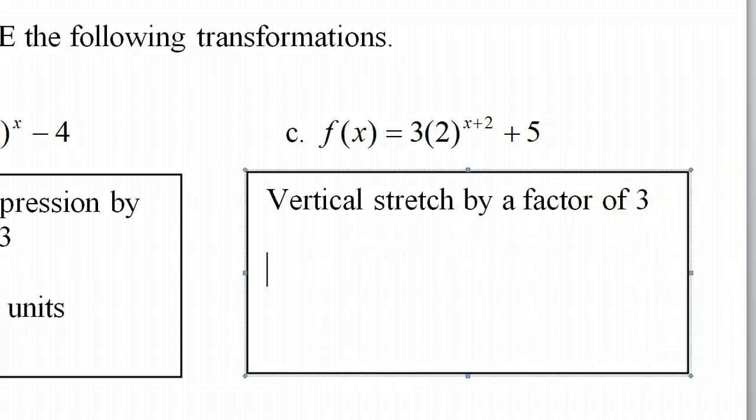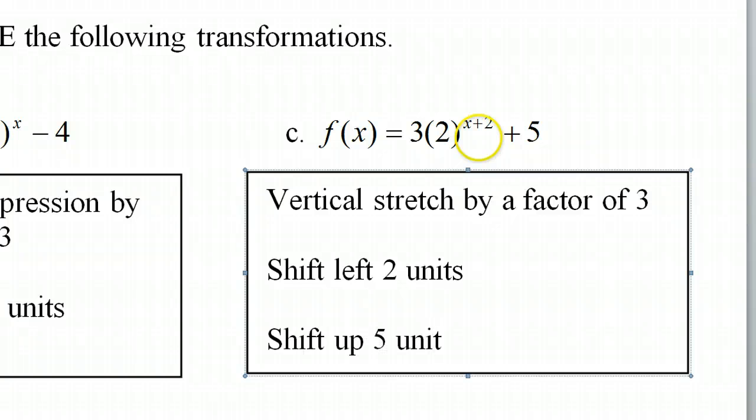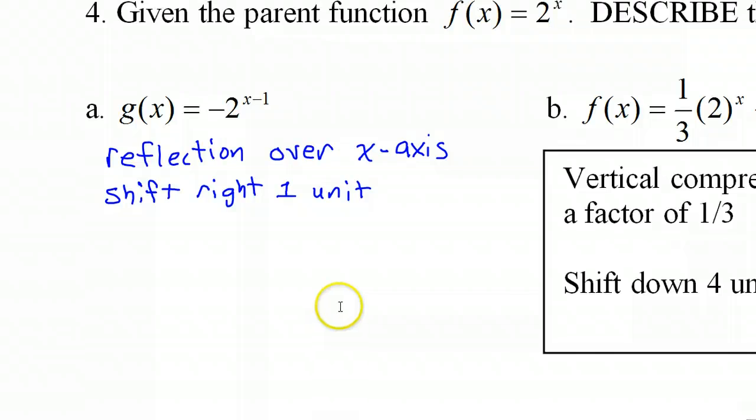And what else we have going on here? Then we have the +2, so that'll be a shift left 2 units. And then we've got the +5, so that'll be a shift up 5 units. Alright, so that is it for number 4.